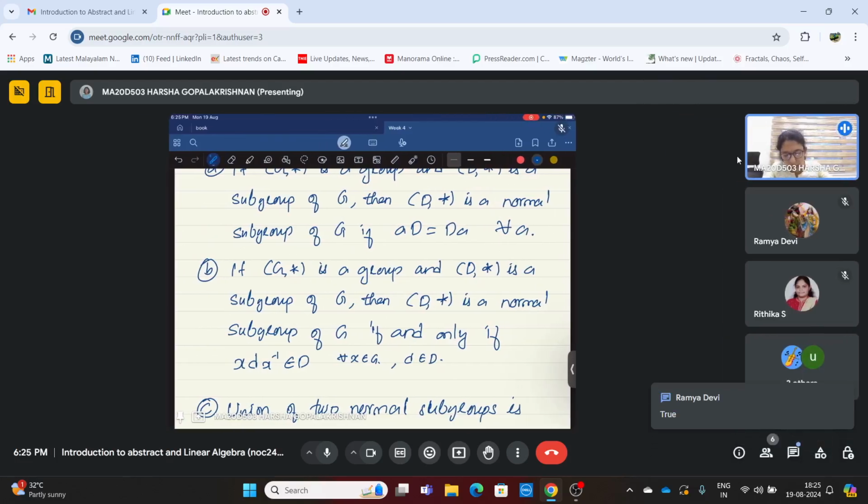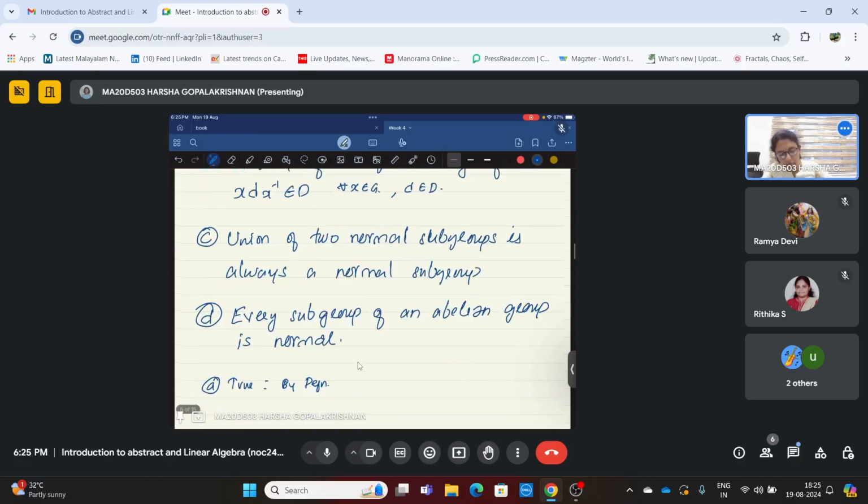Again this is coming from a theorem. This is the test for normality actually. I have stated already, if G is a group and D is a subgroup of G, it is normal if and only if XDX inverse belongs to D. That's also just the theorem.